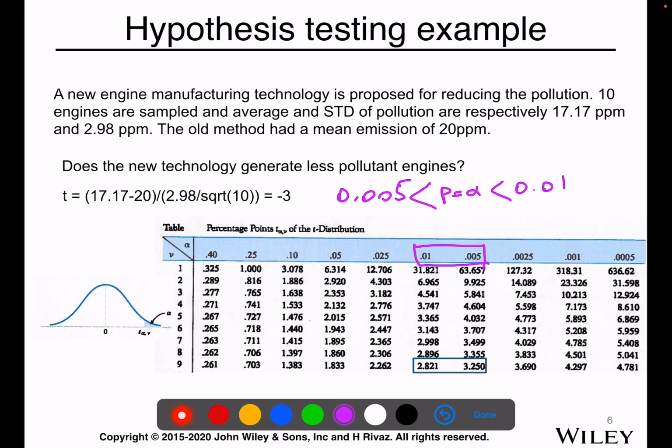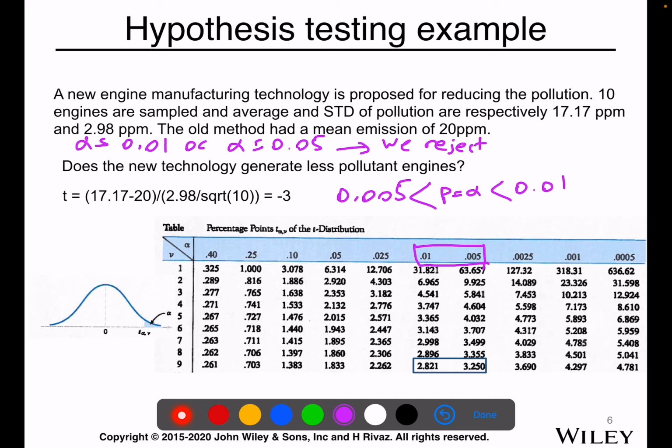It's between those two. Since it's very small, we reject H0. And we reject it if alpha is 0.01 or alpha is 0.05, in both cases we reject because our p-value is less than both of them.